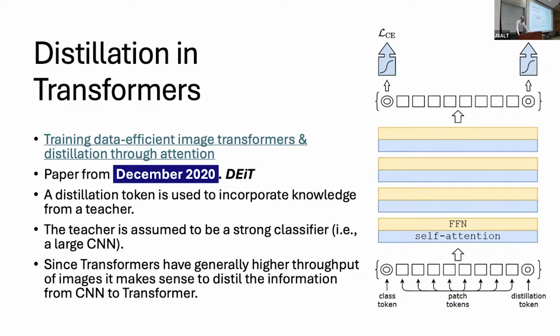You have your class token as in the vision transformer, and you add another token, which is called the distillation token. If I have a class, then I will use the class token, and also the prediction from your convolutional neural network.